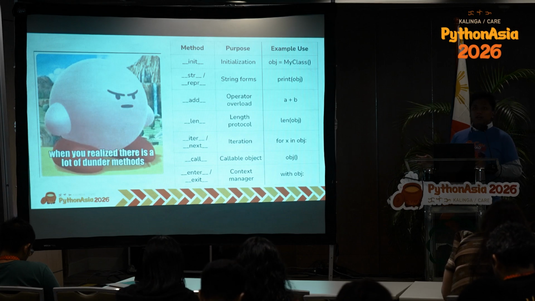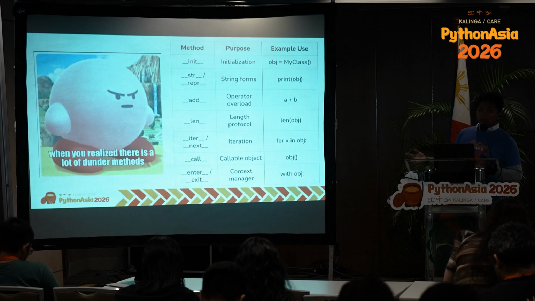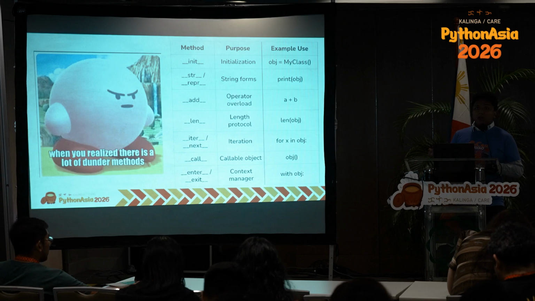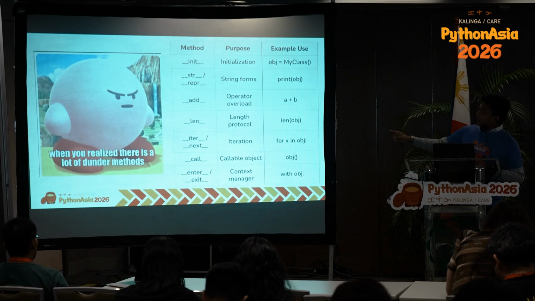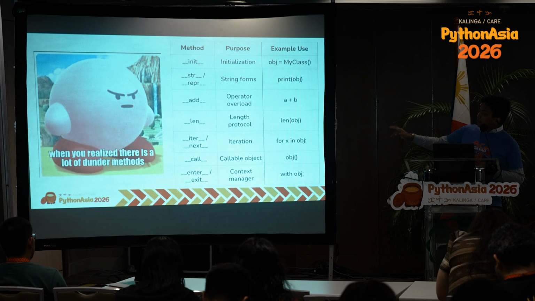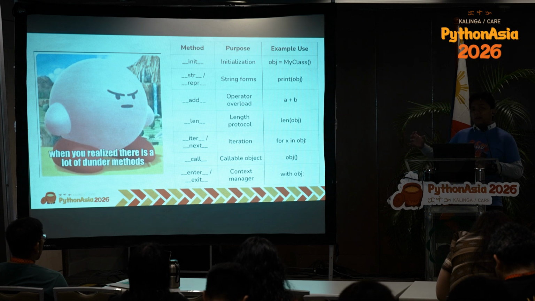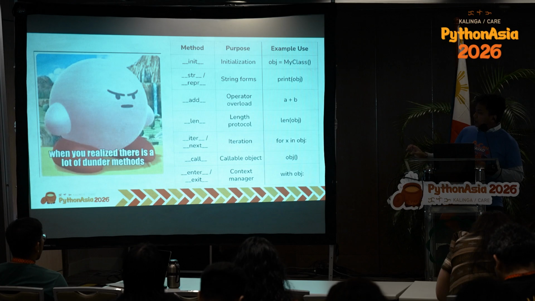So if you want to create custom methods or custom logic, you can use both of these functions. Then if you want to make your class callable as well, you can also define the dunder method call. And other than that, the context manager, if you want to create, let us say, a connection to a database.